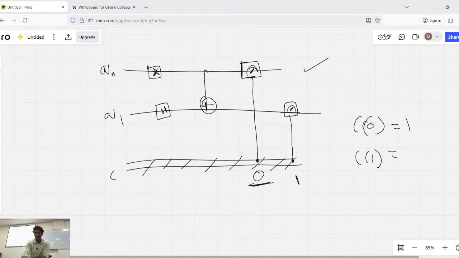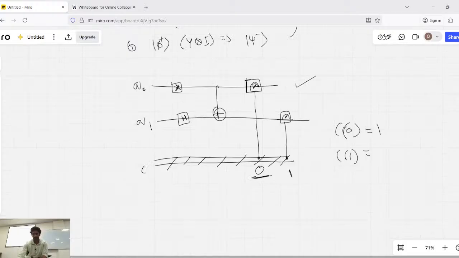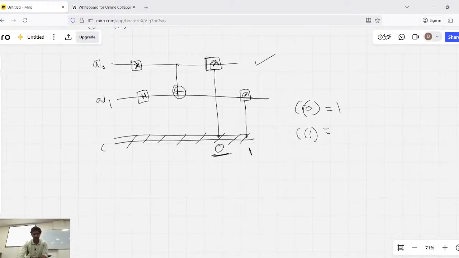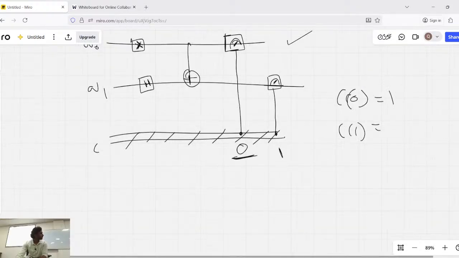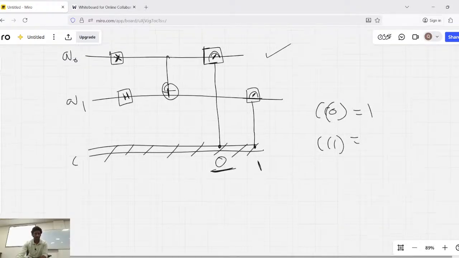What can be the answer of classical bit 1? Can anyone say what might be the answer for classical bit 1? We don't know. Why? Because 0 or 1 can be the answer.